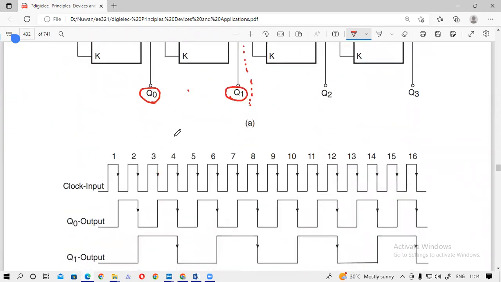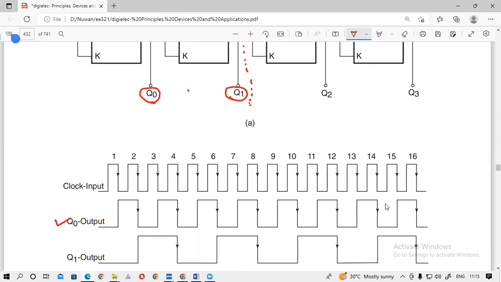And you can see how the bits are changing here at Q0 according to this clock input. So it will look like this. I think now you can draw the signal at Q0, no issue. You have to see only the changes.